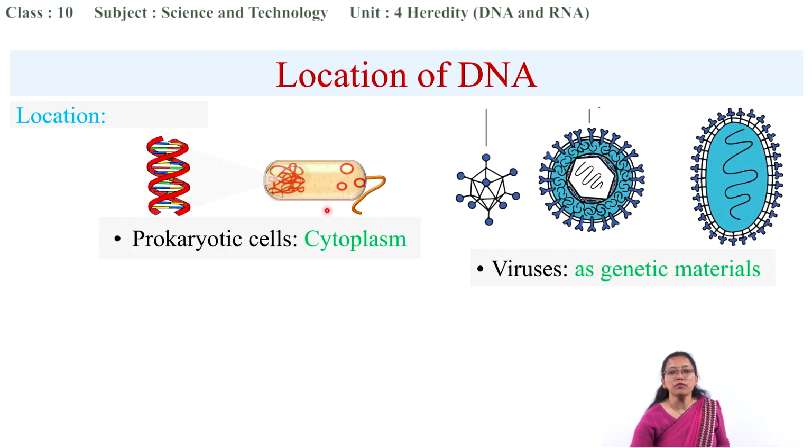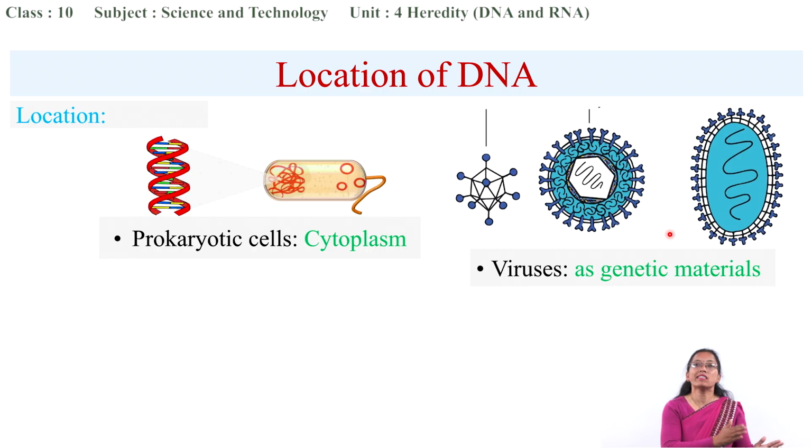Next, in case of viruses, it is also genetic material. But in case of viruses, there is no cytoplasm. Nothing is present. Just this DNA is covered with a protein sheet called the capsid. Inside the capsid, it remains as the genetic material. The virus is an acellular organism.